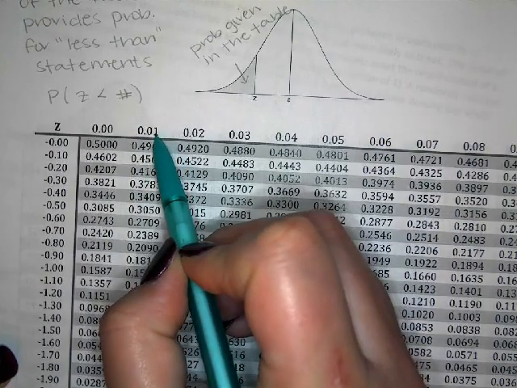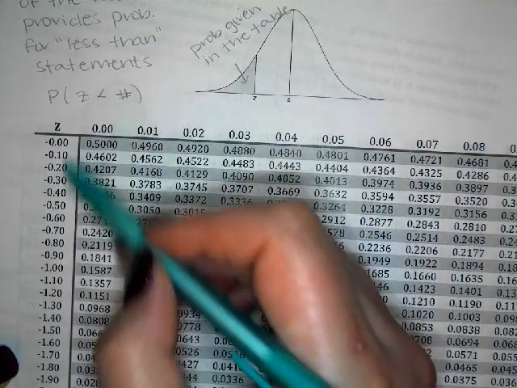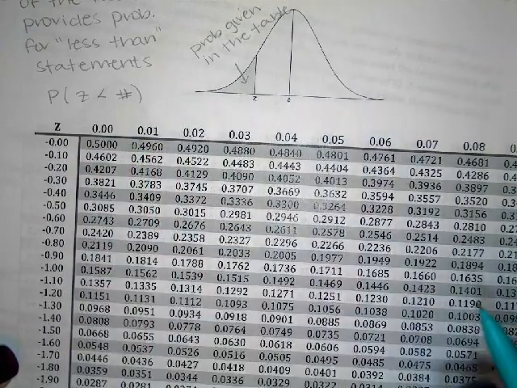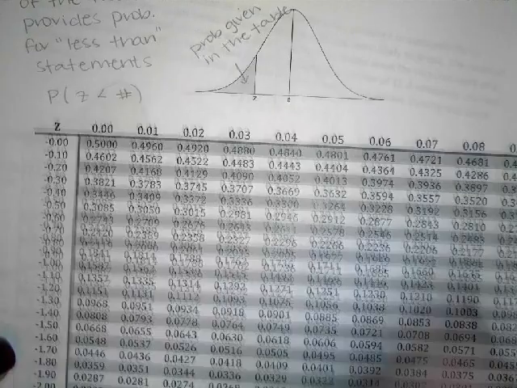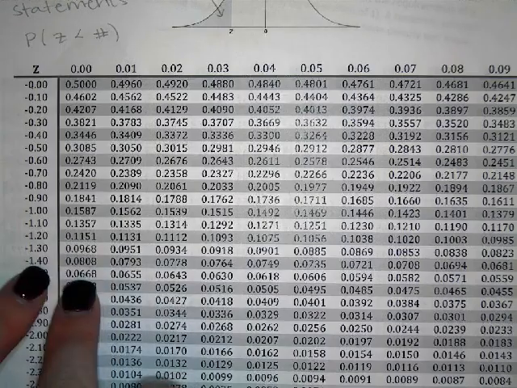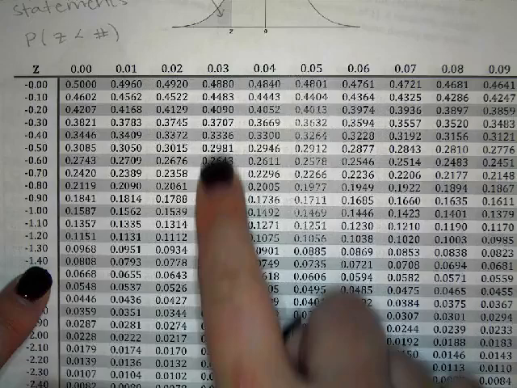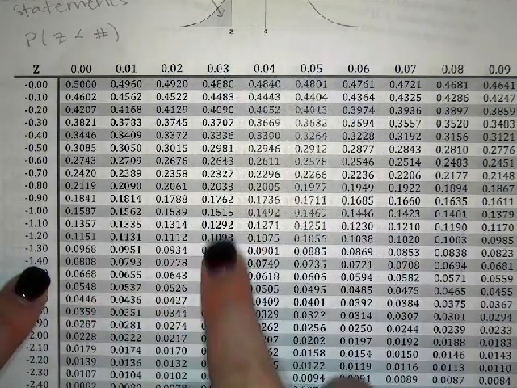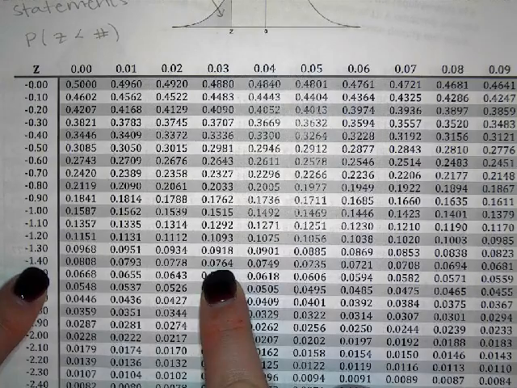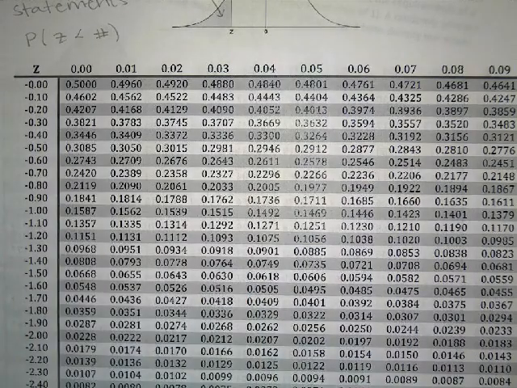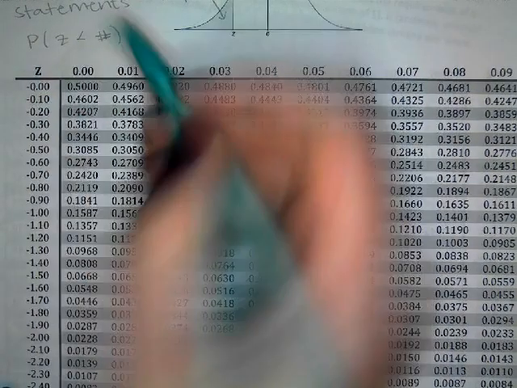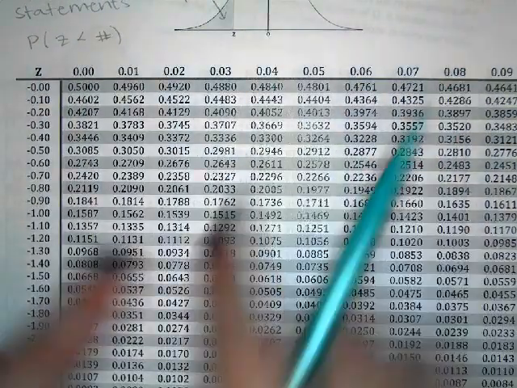So if I wanted a z-score of negative 1.43, I would look right here, negative 1.43, and then that would be my probability right there. So that's the way that the table works. This is the ones place, the tenths place, and then the hundredths place, and you have to find them together.